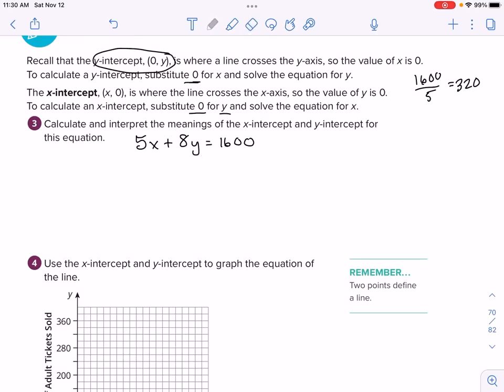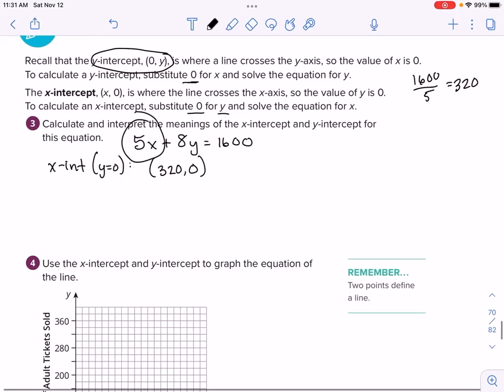Okay, but let's go and interpret that. So the x-intercept, this is where y is 0. That's the coordinate. Since the x-intercept is 320, it'll be 320 comma the y value is 0, so comma 0. And then for the y-intercept, you set x equal to 0, so all this is 0.